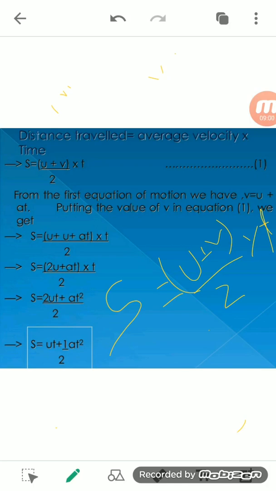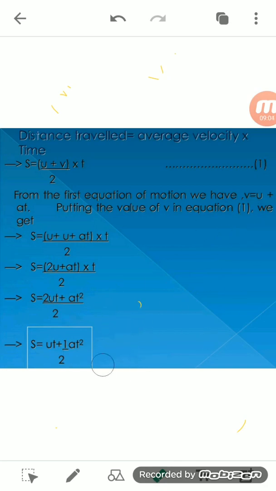Now see here, students. So this is the first equation. Now we know that the first equation of motion is v is equal to u plus at. So by putting the value of v in the equation first, we get s is equal to u is already here.